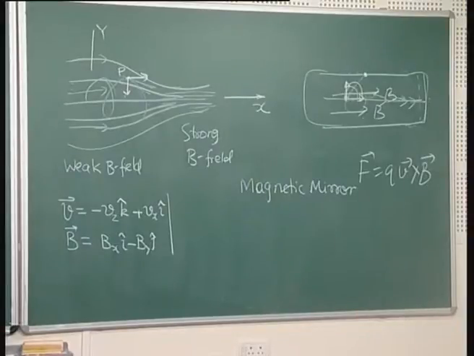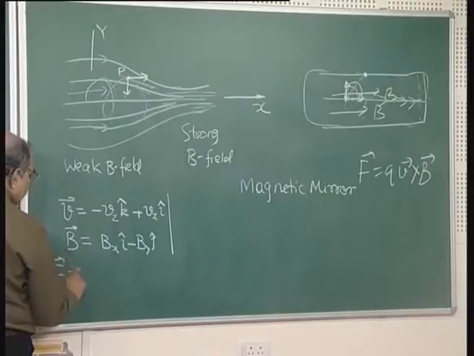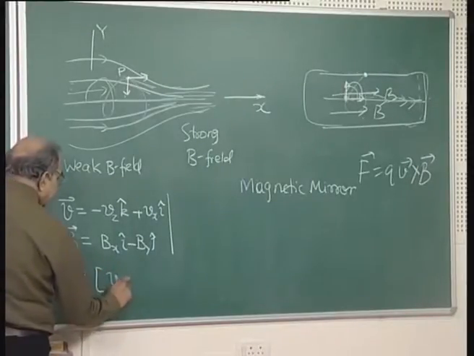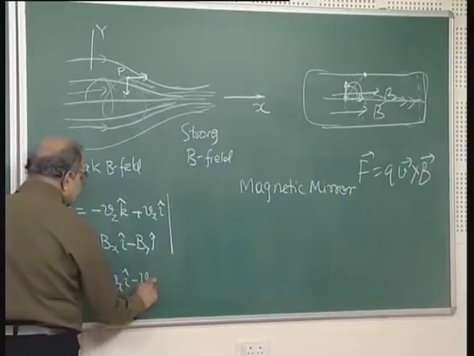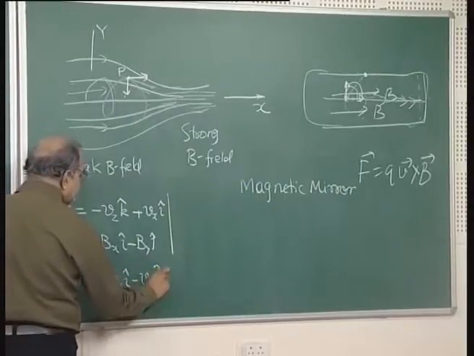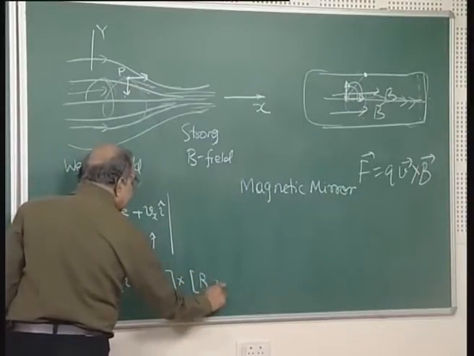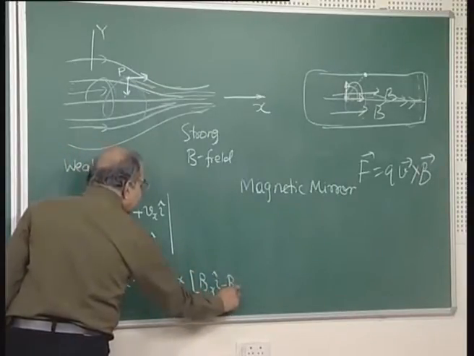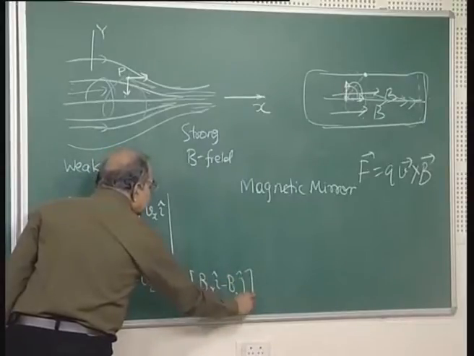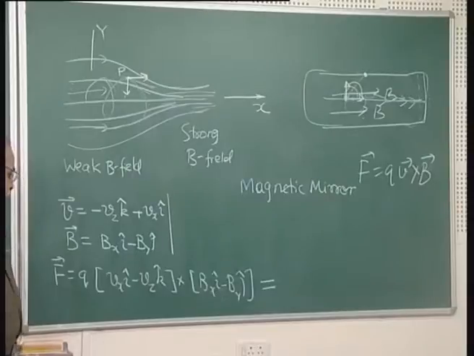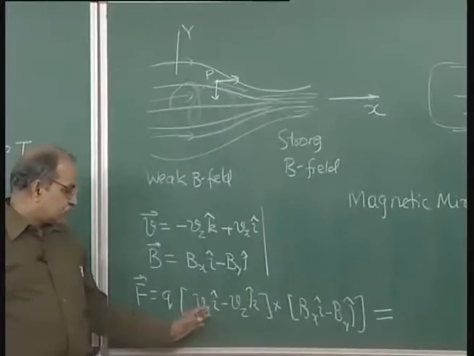So, if you calculate q v cross B, the force is q v cross B. So, q then V x i cap minus V z k cap, cross product with B x i cap and minus B y j cap. Now, look at the various terms.